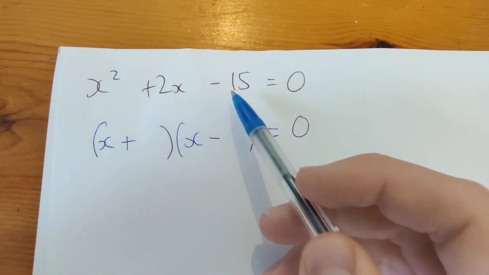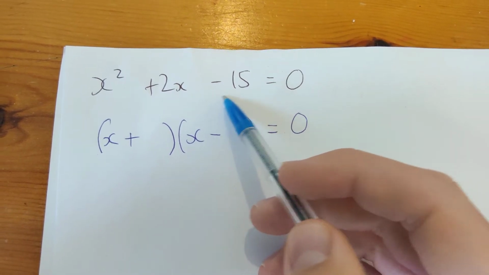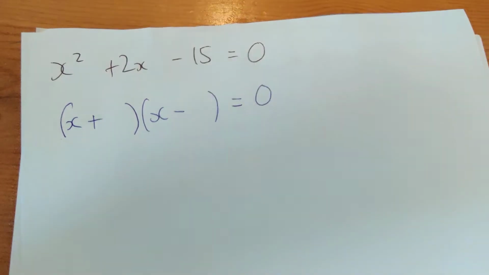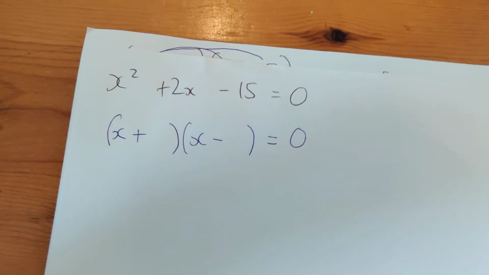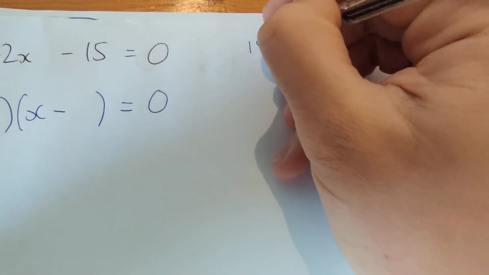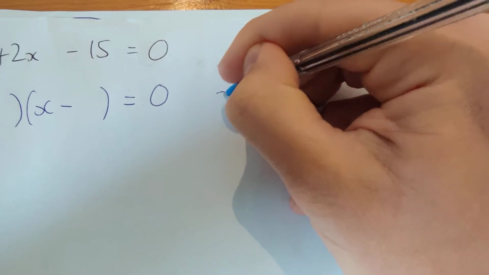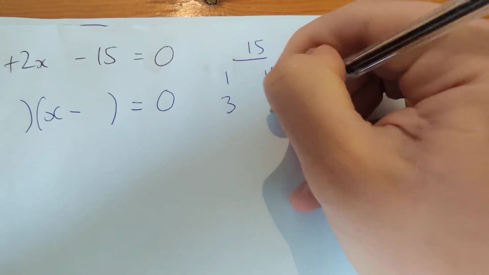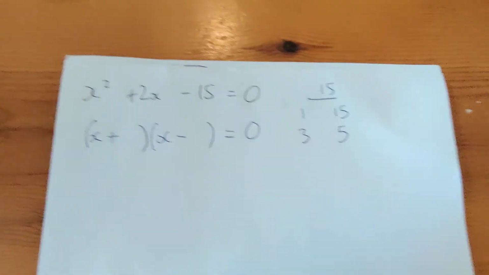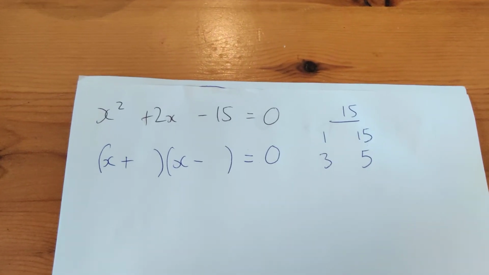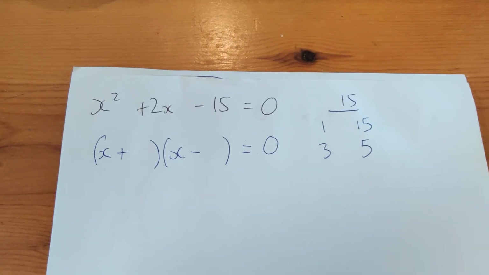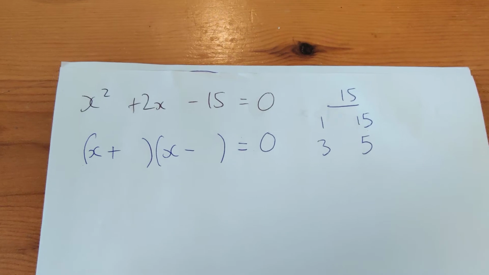Okay, and I know it has to multiply to make minus 15, so it's going to have to be either 1 and 15 or 3 and 5. They're the only factor pairs of 15. Now some of you would be happy and probably be able to work these out in your head straight away.